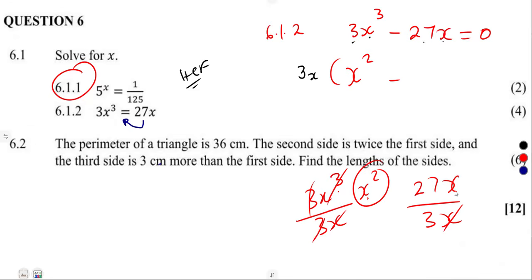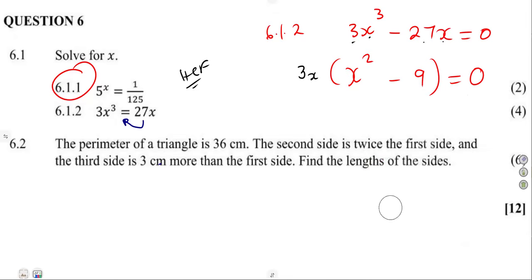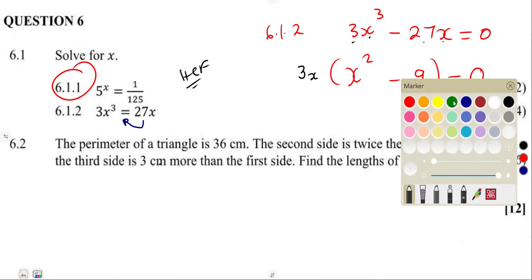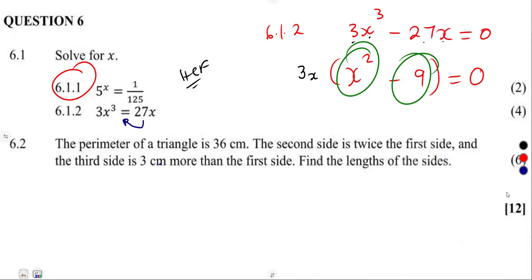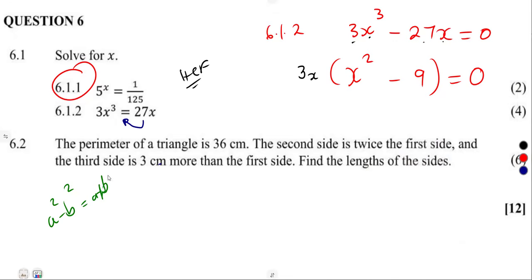27x over 3x, x and x cancel. 3 into 27, that's what? 9, and that's equal to 0. And looking into our equation, it is actually getting interesting, as x squared minus 9 is a difference of what? Two squares. Remember, we talked about this before. A plus b into what? A minus b.